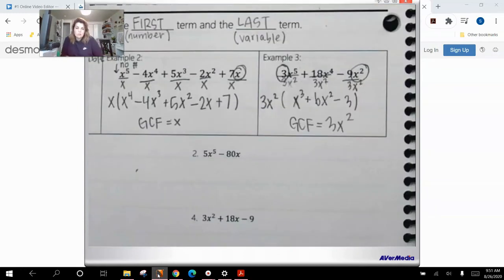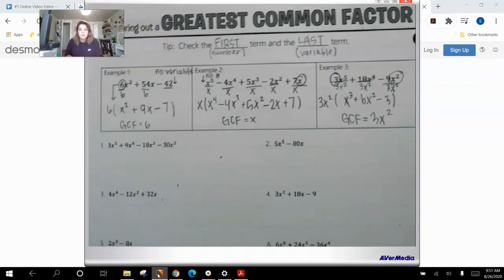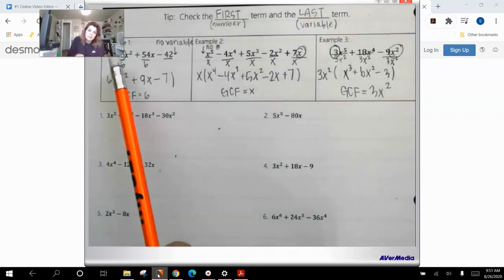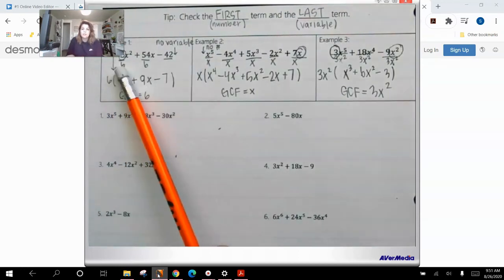So that is all that we're doing today. We're getting an algebraic expression, and we are going to factor out a GCF if there is one. You find the GCF by looking at the first term and the last term. So I did 3 with you.